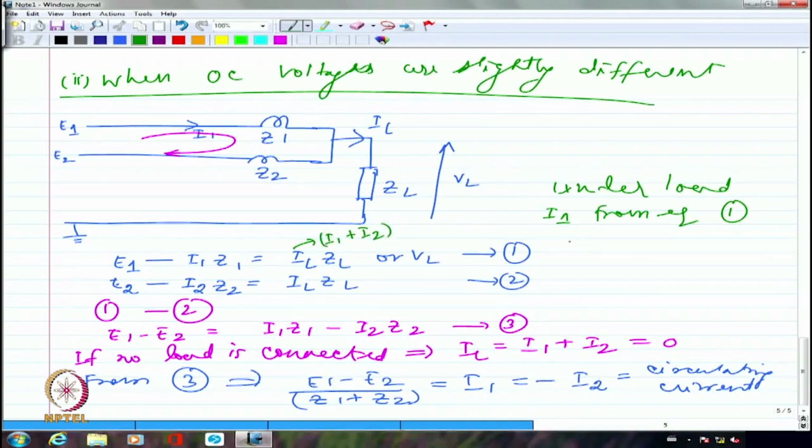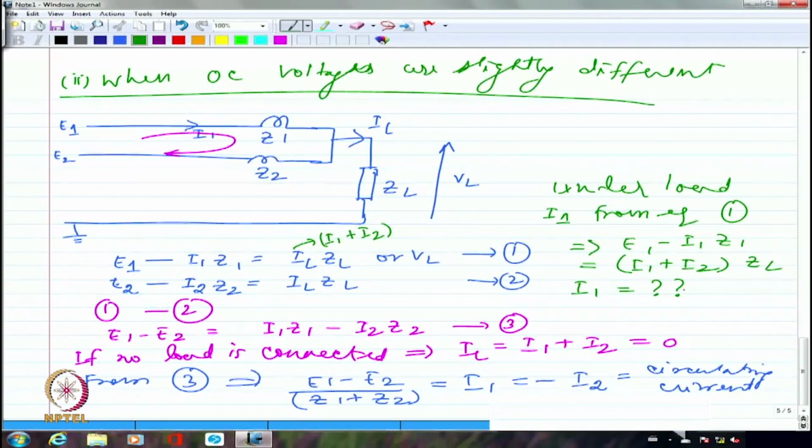So E1 minus I1 Z1 is equal to I1 plus I2 multiplied by ZL. So I should be able to write the expression for I1. Not a big deal. You can write it in terms of Z1, Z2, ZL and I2.